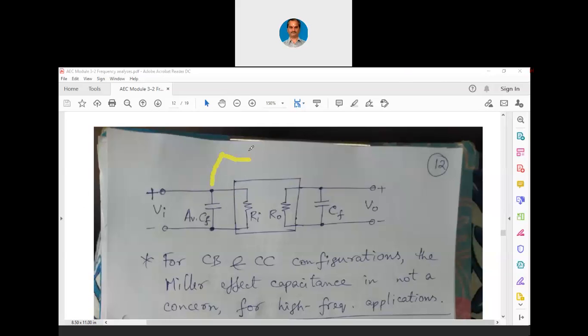We had a capacitance connected like this, between base and collector, and that value was CF. Now, the way in which Miller helped was, instead of this particular capacitance, now we are connecting AV into CF at the input side and CF at the output side.